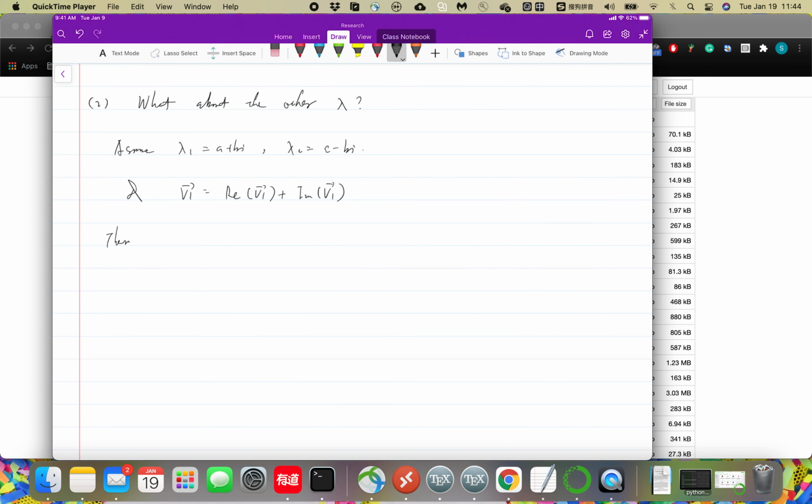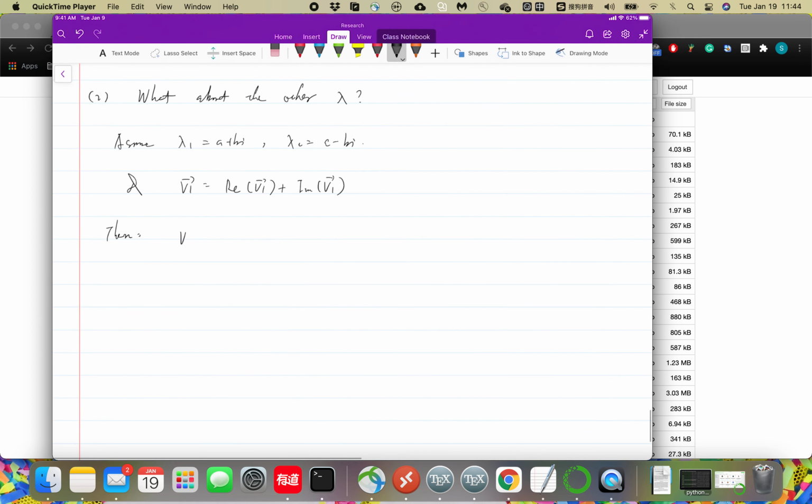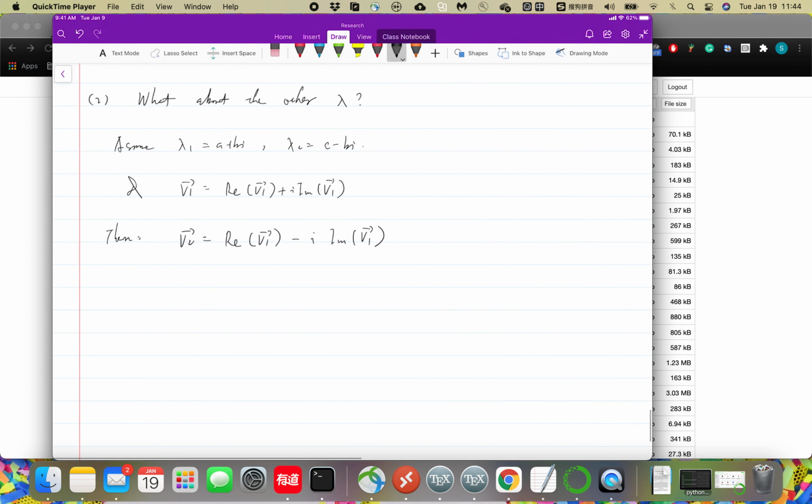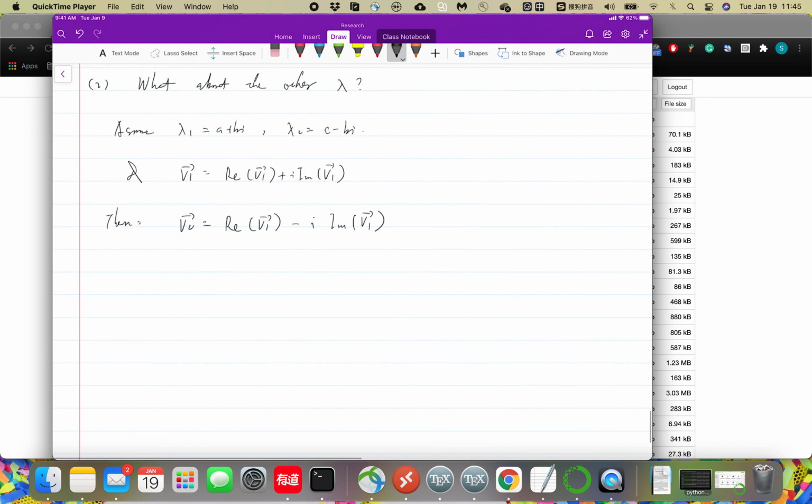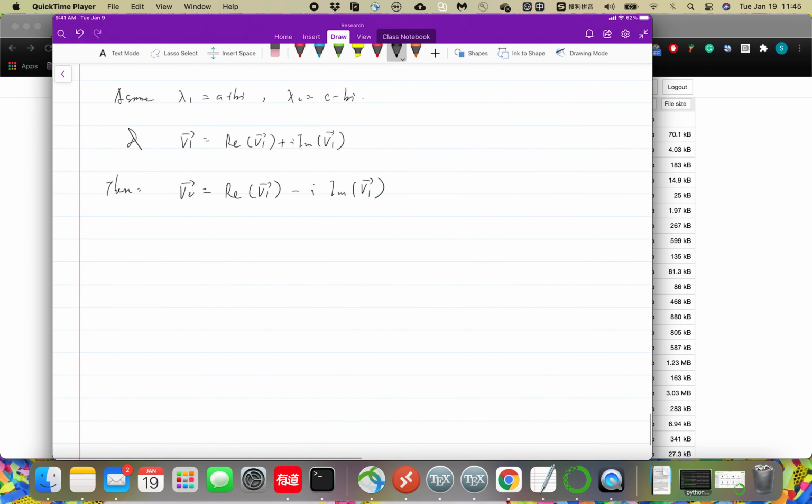Then automatically we know the other one. For this lambda, it's just going to be the same thing with a minus sign. That's what we're trying to show here. Getting one pair of eigenvalue and eigenvector, the other one will be exactly symmetric, therefore would produce you with the same 2 solutions. So you only have to do it once, thanks to the symmetry of these 2 solutions.